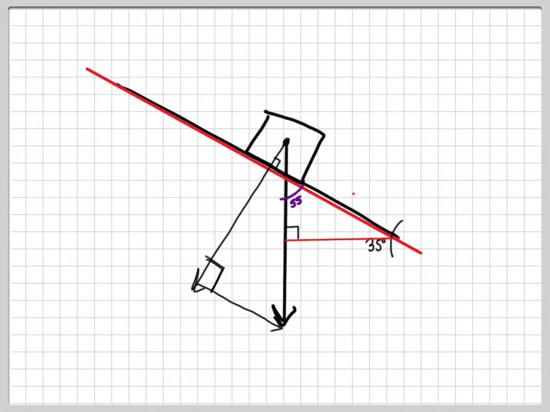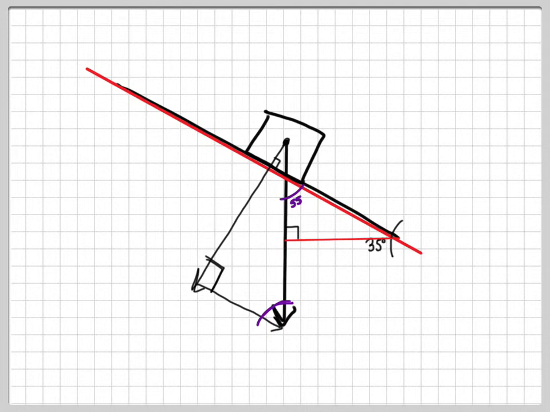Well, the force of gravity that's coming straight down intersects the line of the table in such a way that we know that this angle has to be equal to the 55. Well, that nails things down, doesn't it? Because that angle's 55, and the force of gravity on the y and the force of gravity on the x make a 90-degree angle.